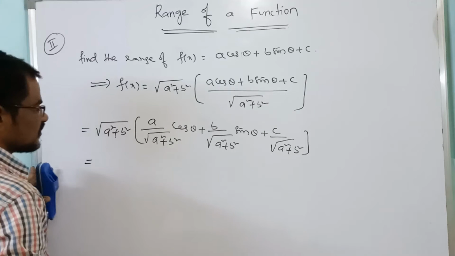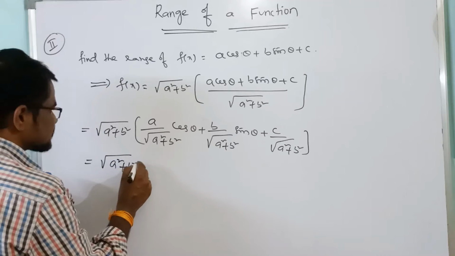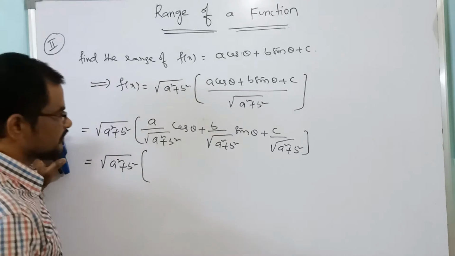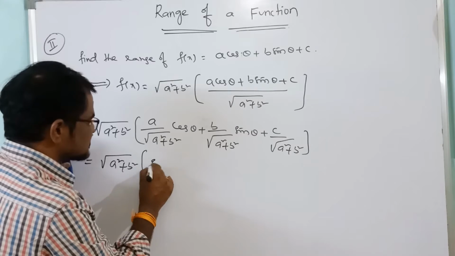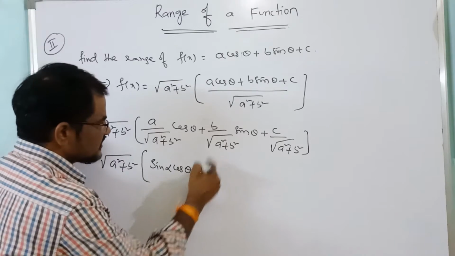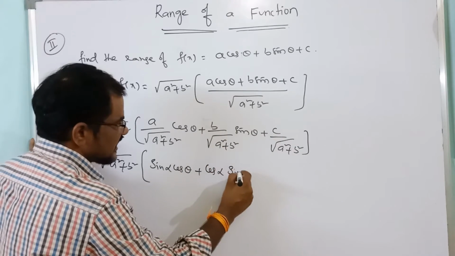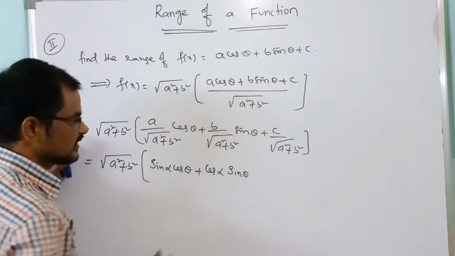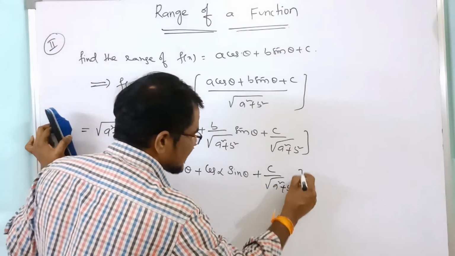And now that is equal to root of a square plus b square as it is. So this one I will write as sin alpha cos theta, and this one I will write as cos alpha, and this is sin theta as it is, right? Plus c by root of a square plus b square as it is.